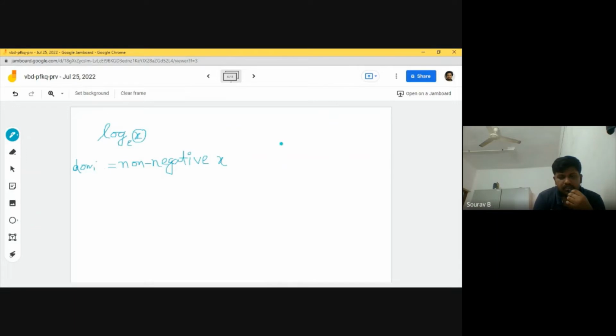And the graph will be like, so at x equal to 1, this is y equal to ln x, or log x to the base e. So at x equal to 1, y will be equal to 0.